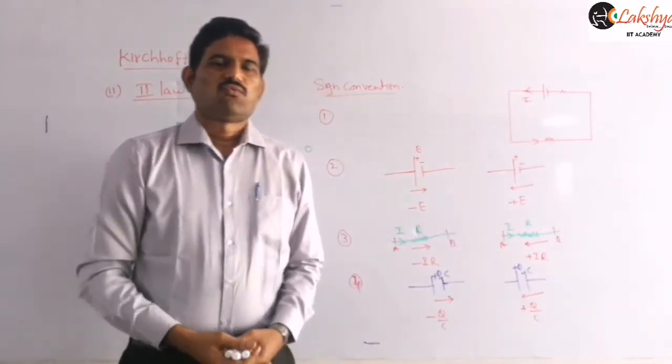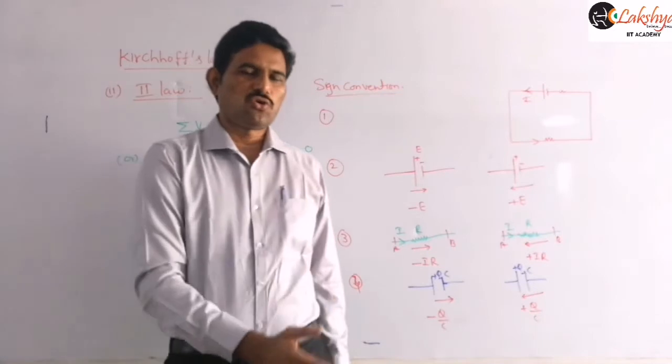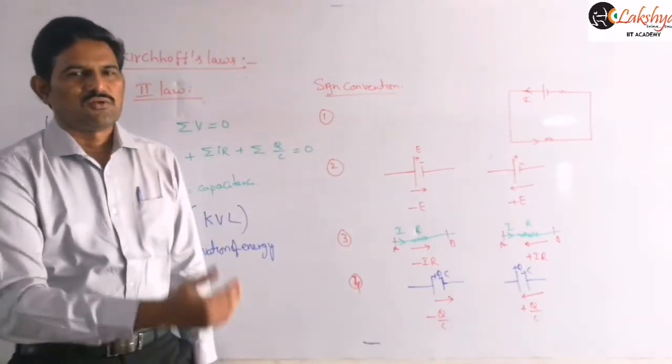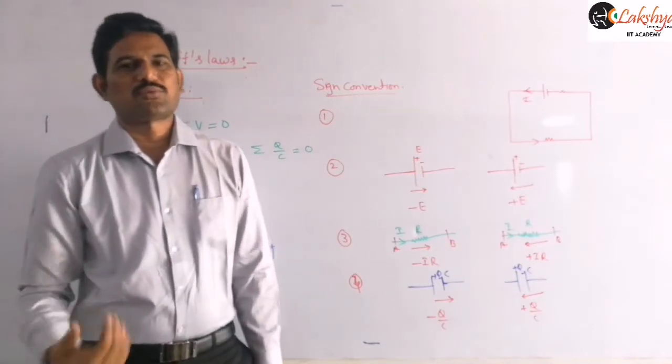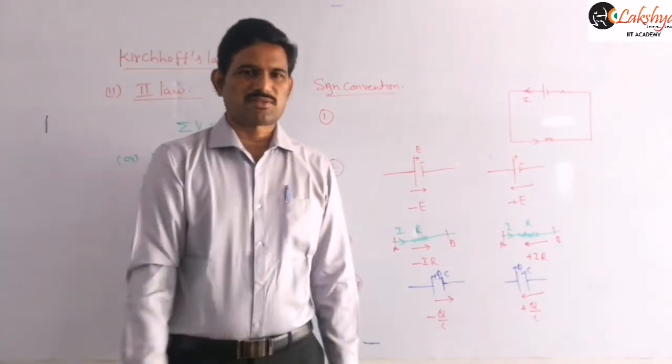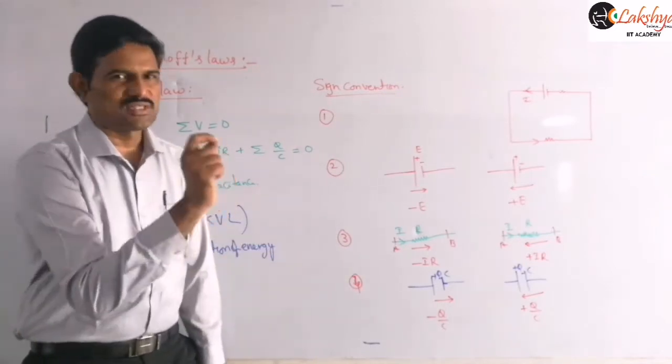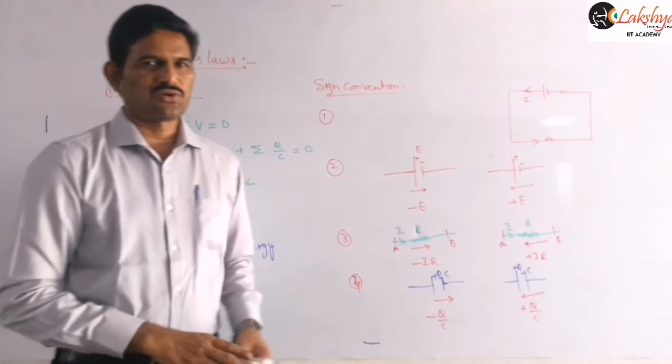So simply, the potential drop is represented with the negative sign, and the potential gain is represented with the plus sign. It is a simple sign convention, expressed in a single point for all these. You may mention that also.